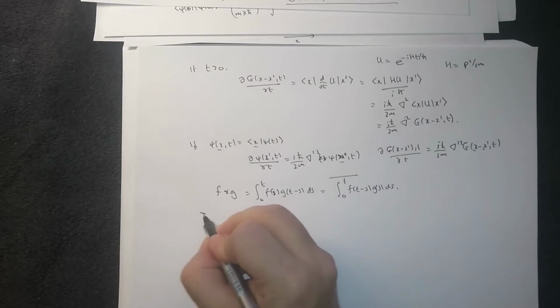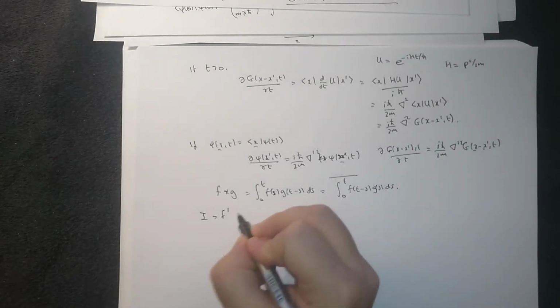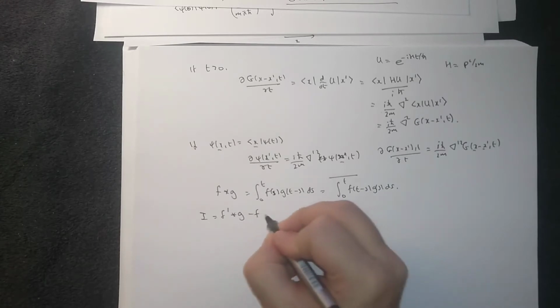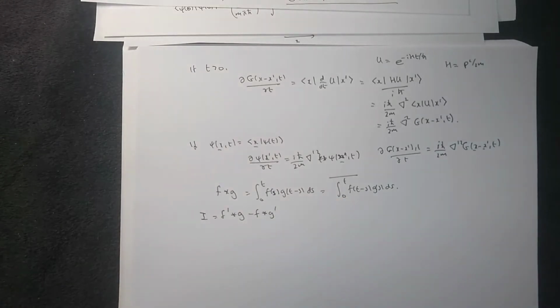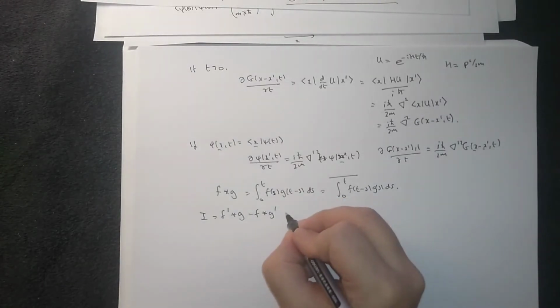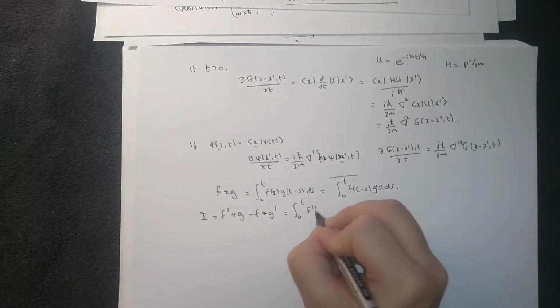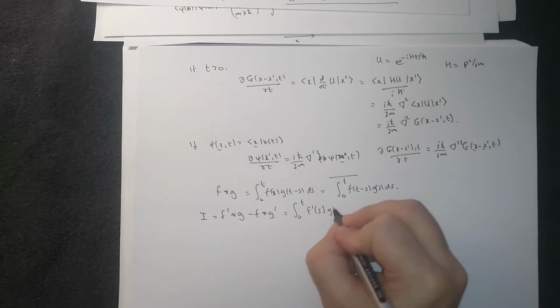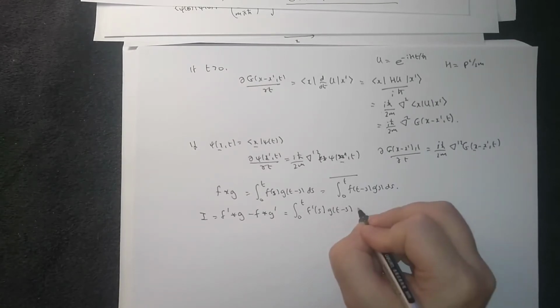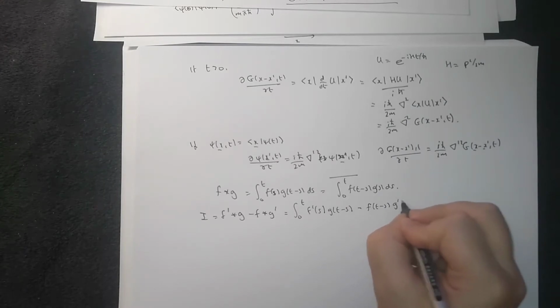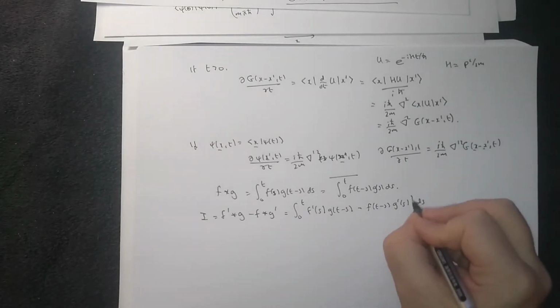Okay, well let I be f primed star g minus f star g primed, where primed is just derivative with respect to its argument. That's the integral 0 to t of f primed of s g of t minus s minus f of t minus s g primed of s ds.